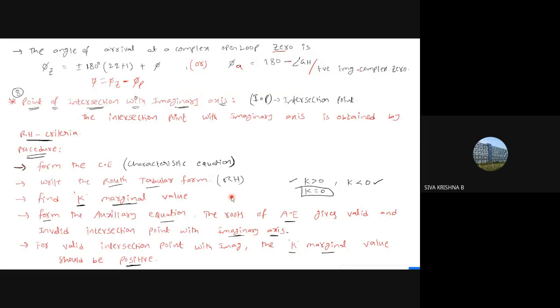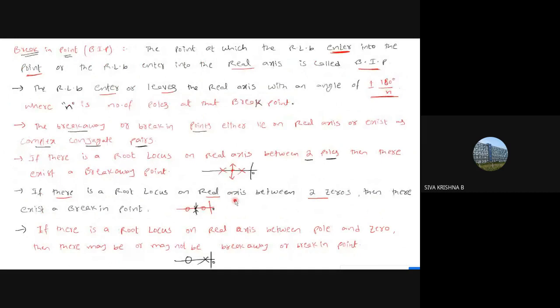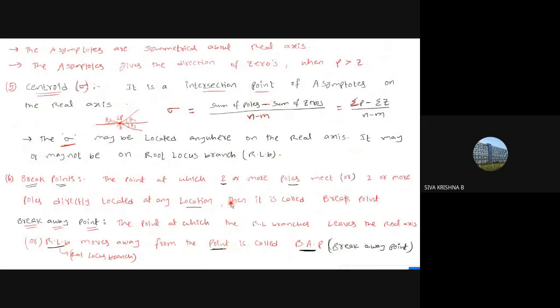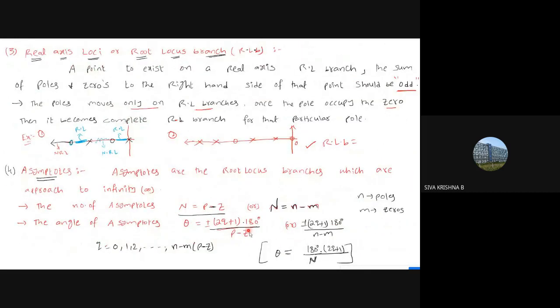Before we enter that, please make a note. I will tell you one small thing here. Look here once, everyone. Here q equals 0, 1, 2 and so on, up to n minus m minus 1, or p minus z minus 1.